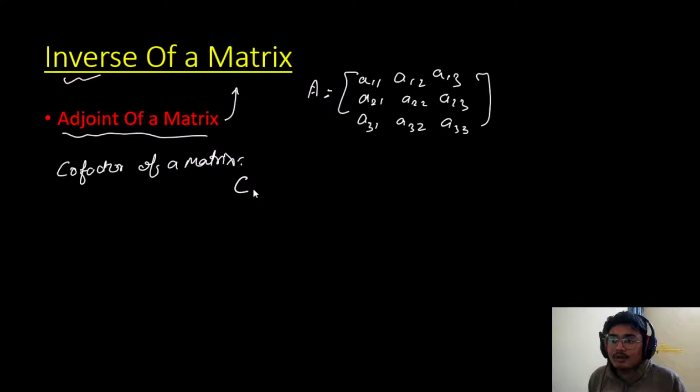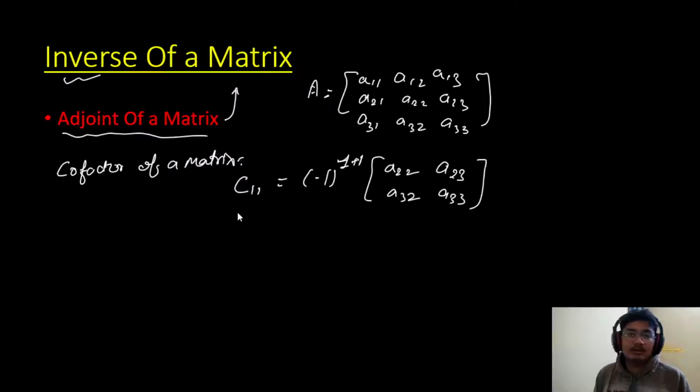The cofactor of A11 is (-1) to the power 1+1 times this smaller matrix A22, A23, A32, and A33. This is C11, the cofactor of A11.